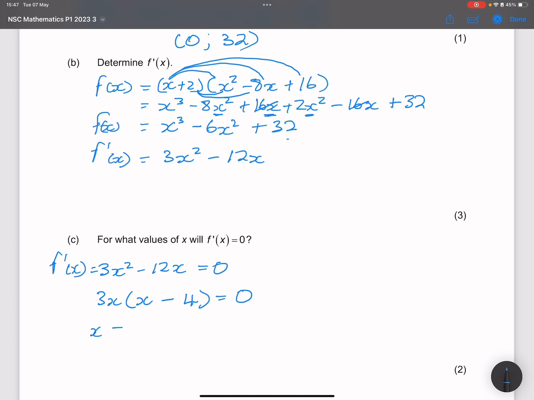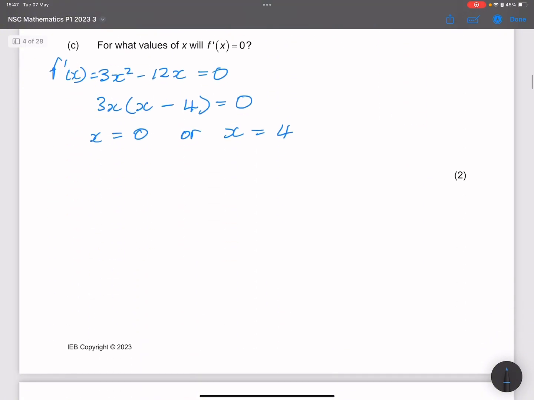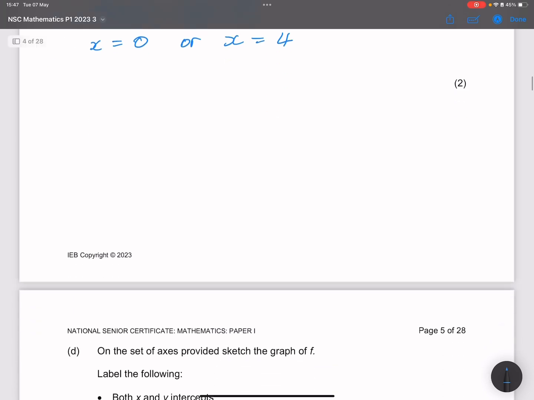So this will be at x is equal to 0 or x is equal to 4. Right, so I could already tell that one of my x-intercepts would actually be the turning point, because that bracket was repeated. So we know it will be equal to 0 there.